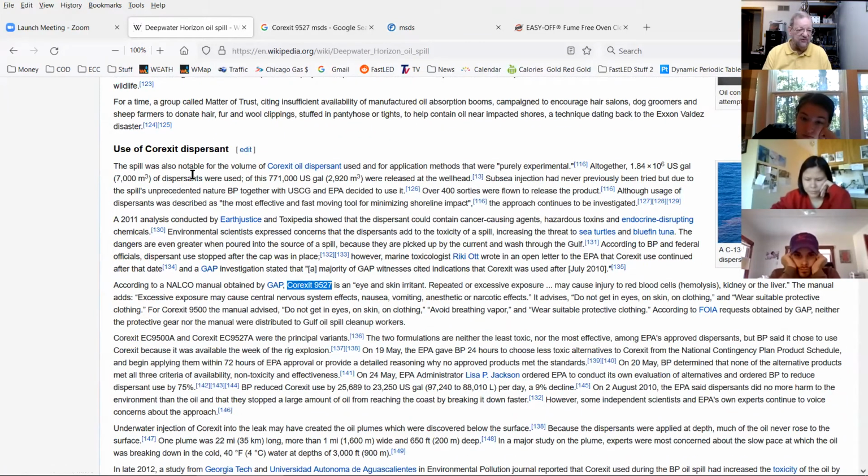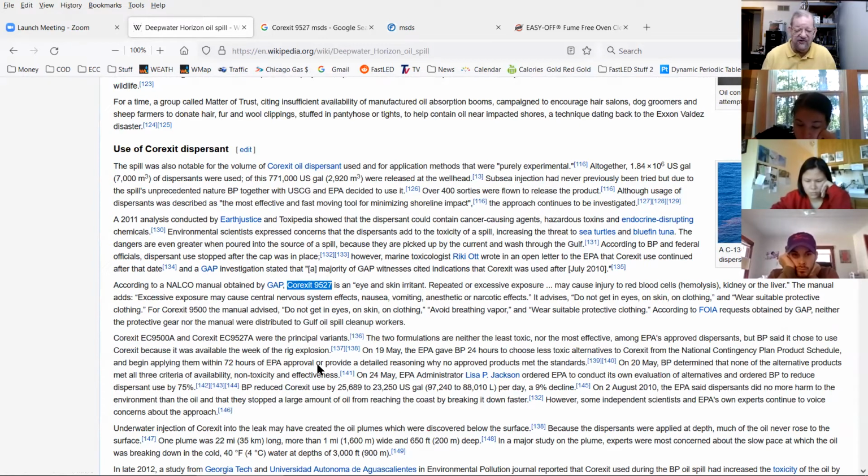The product they used was from a company in Naperville, Nalco, which is now, I believe, owned by a French company, and it was called Corexit. They had two different ones: 9527, which was the main one, and 9500. That's their trade name.